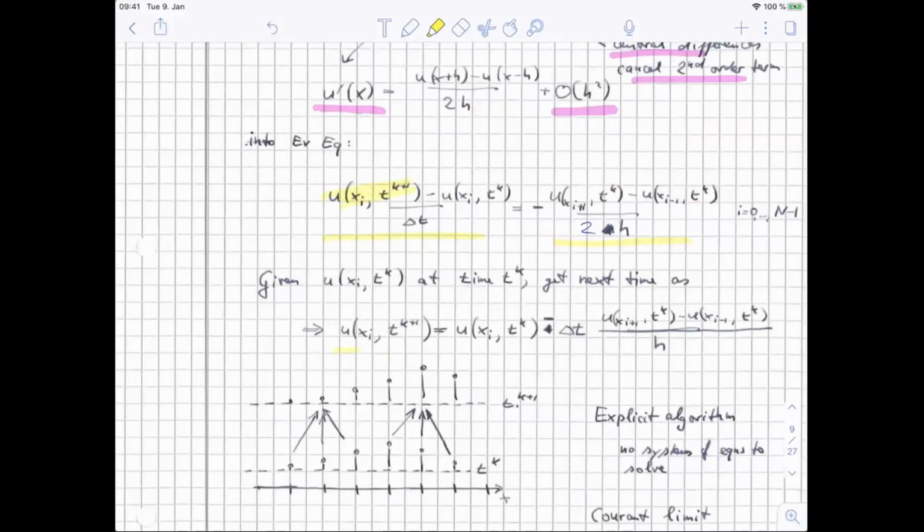And you get u at the new time equals some function of the u's at the current time. It starts out with u at the same grid point at the current time, and then there are terms that contain u at the grid point to the right and u at the grid point to the left.